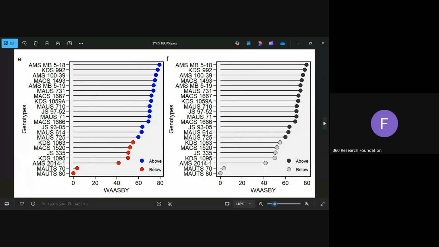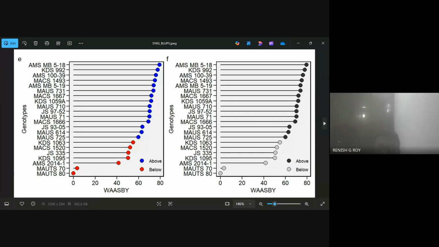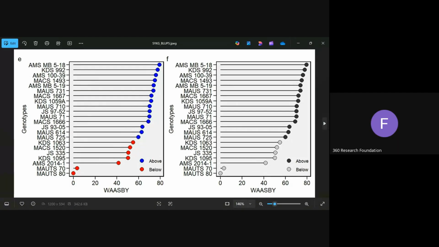And if you see MAUTS 80, it is almost showing index 0. Then 70, it is nearby 0. So as it is not based on actual mean performance, the ranking is based on the WAAS index, as it is one of the stability indices.